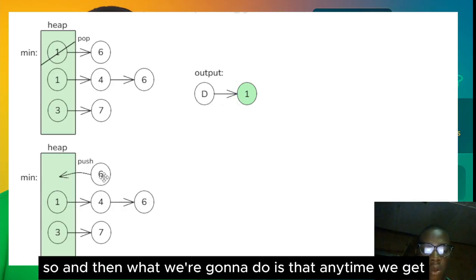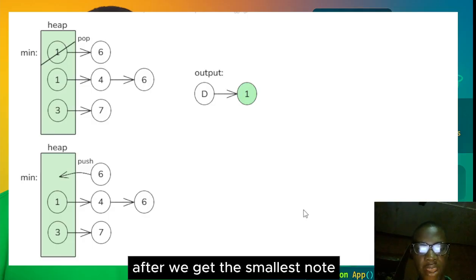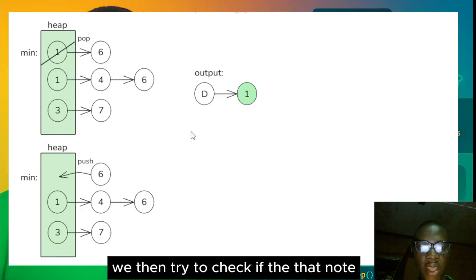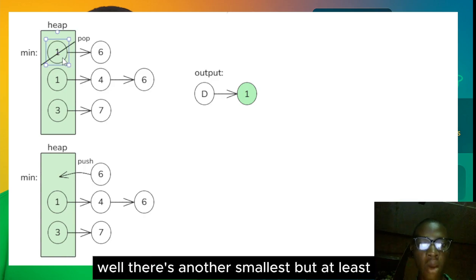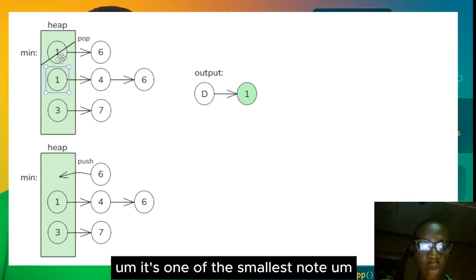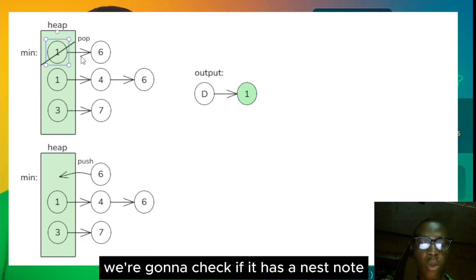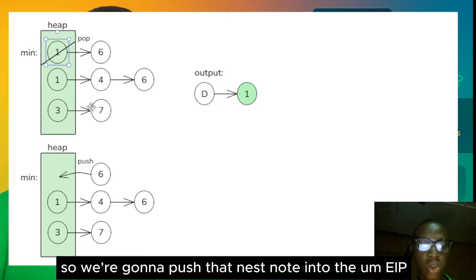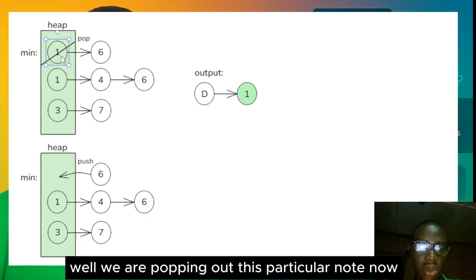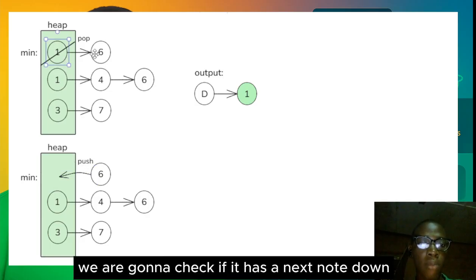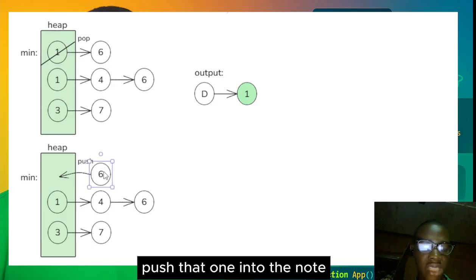Then, anytime after we get the smallest node, we check if that node has a next node. This particular node that we got now is one of the smallest nodes, and we're going to check if it has a next node and push that next node into the heap.